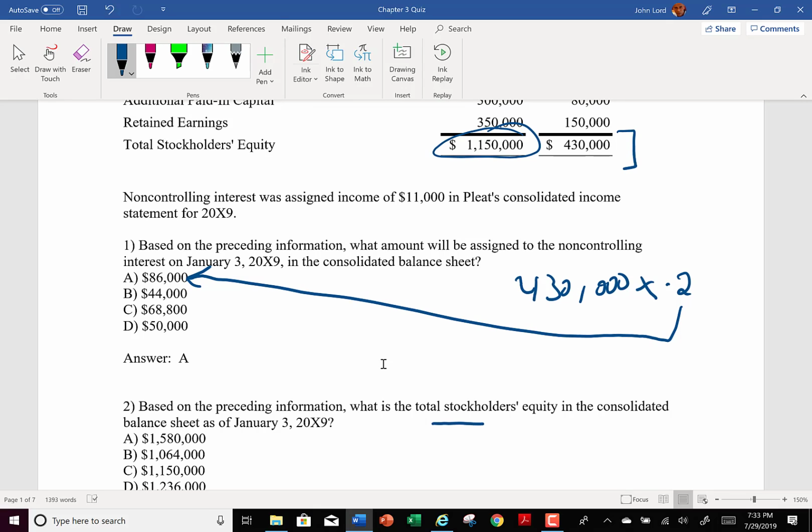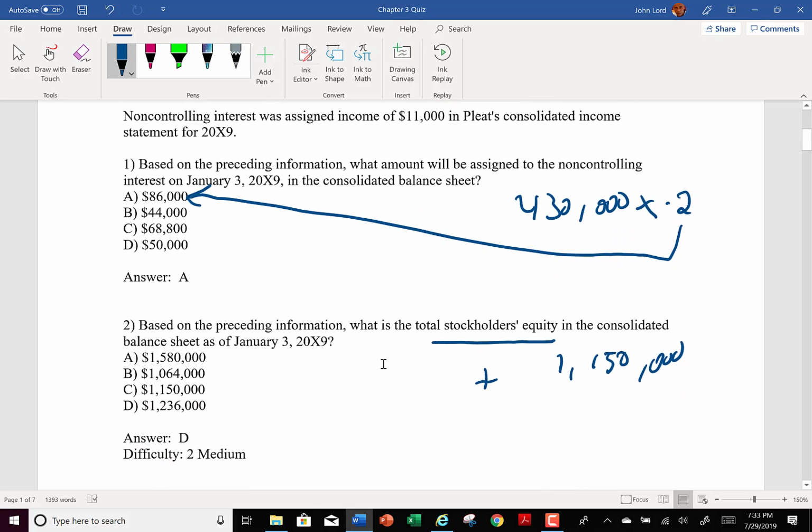Total stockholders' equity includes the non-controlling interest share, since we have a separate line item for them. So it's 1,150,000 plus what we just calculated in the previous question, 86,000. That gives us 1,236,000, because the non-controlling interest is part of the overall stockholders' equity.